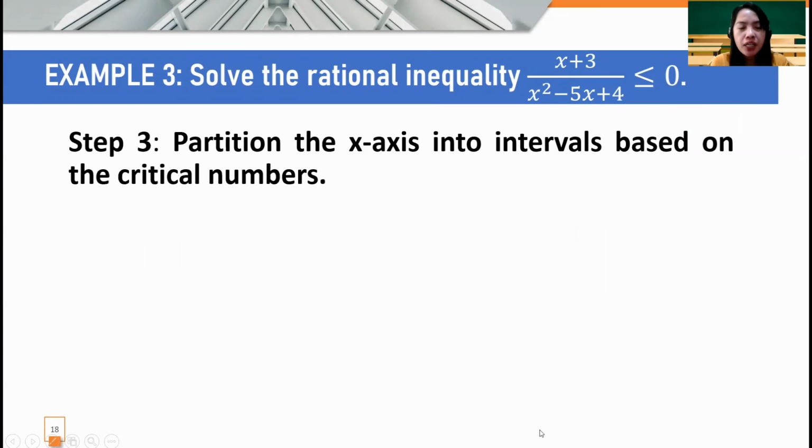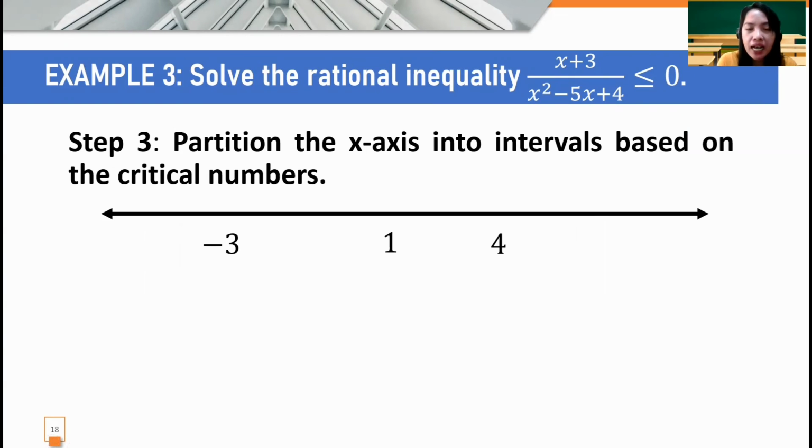For step number 3, we're going to graph the given critical numbers on the number line. The symbol used in this rational inequality is less than or equal to. So when this is your symbol, we use a shaded circle, shaded circle at the critical numbers.